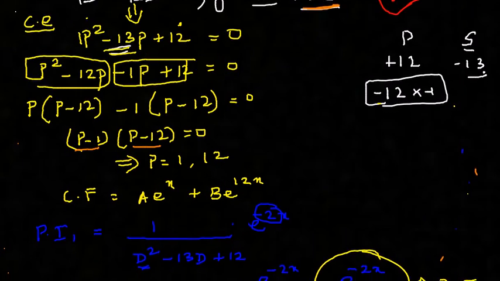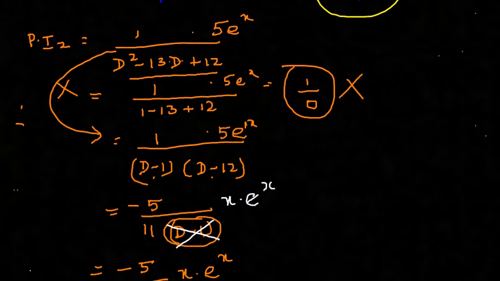So once you do that, for the root which is not equal to 0, you write it as it is. In this case, if I substitute 1 in place of d, this will become minus 11, so you write it as it is. For the other one, for d minus 1, you write it as x into e power x.